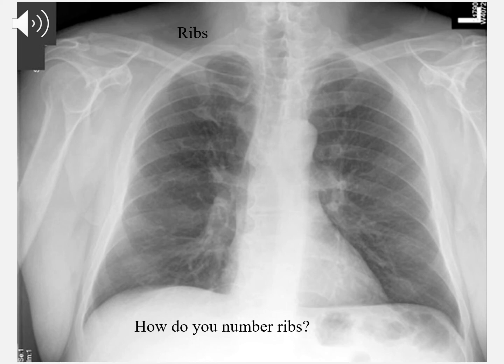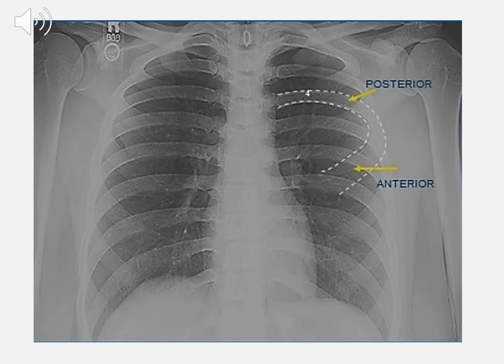So posterior ribs more longitudinal, anterior ribs slightly vertically down. Here's another example of that where the posterior rib, fourth rib on the right side, goes out horizontally, and as it goes anteriorly, you see where it curves and then curves downward.